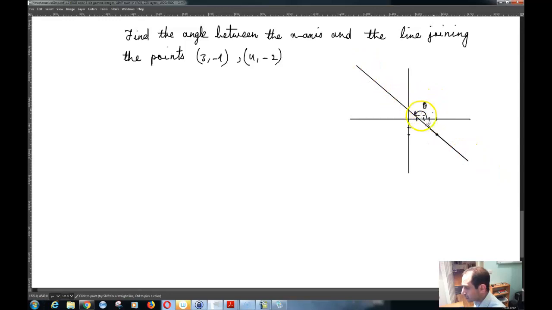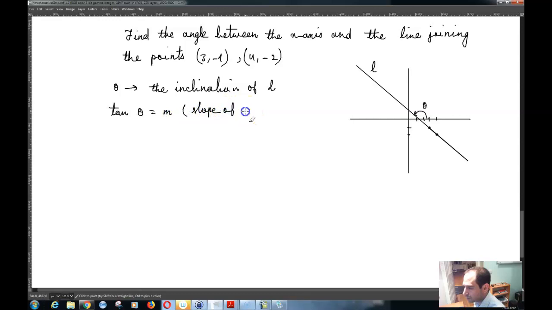This angle is technically called the inclination of, for example, line L, and tan of this angle is called the slope of the line L. So we said that m, which is equal to tan of theta, is equal to y2 minus y1 over x2 minus x1.